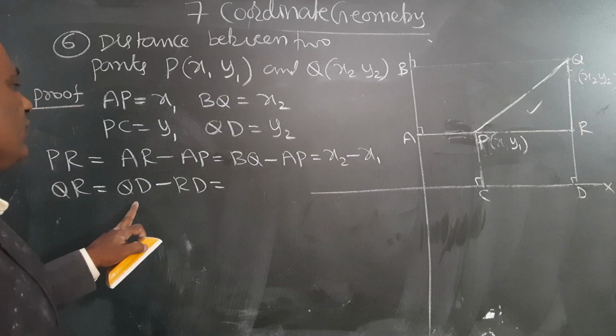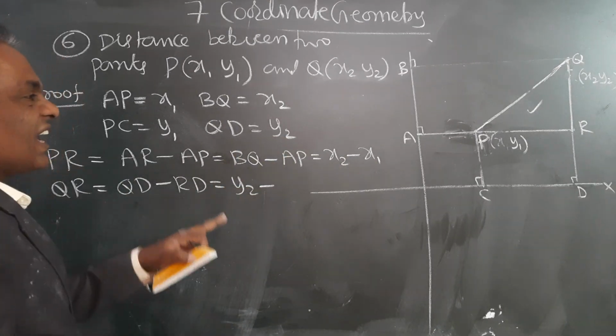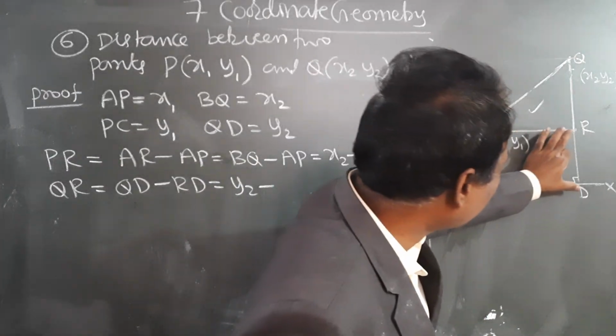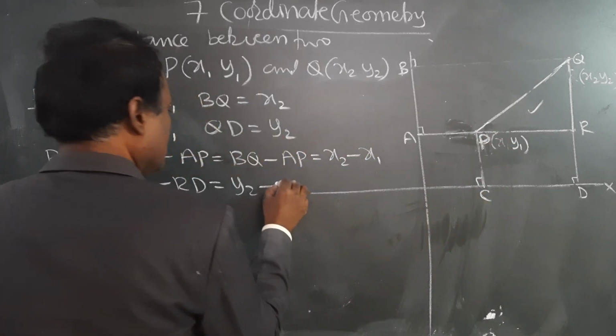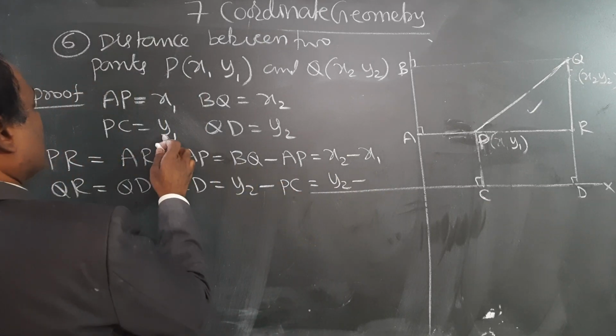QD is Y2 minus RD. RD is same as PC. This is Y2 minus PC, which is nothing but Y1.